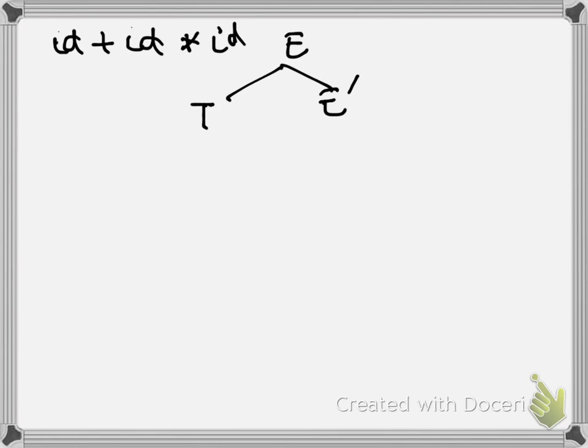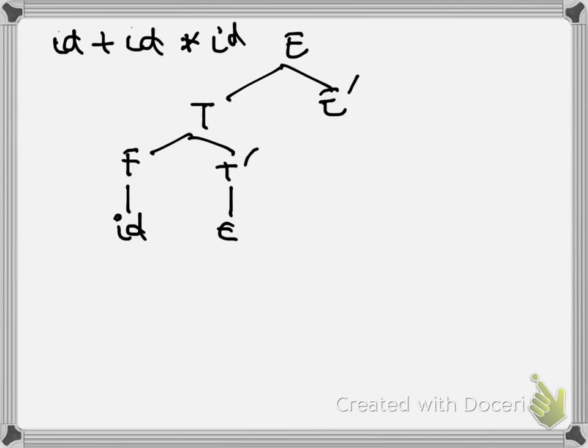Then we replace the leftmost non-terminal. This is T, so T will be replaced by F T dash. Then F will be replaced by id next.